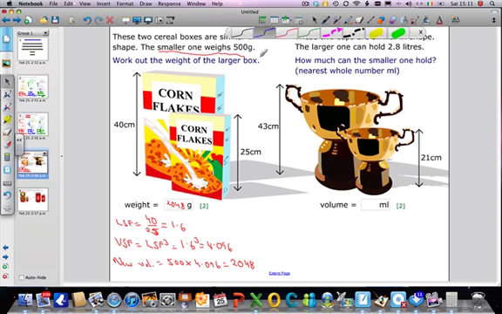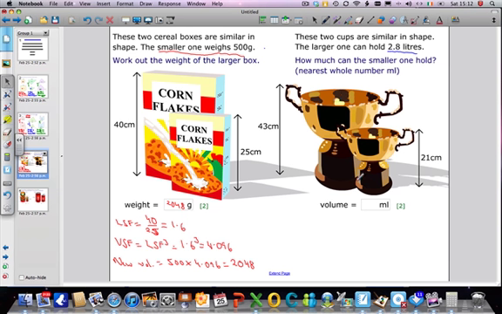So this time we're given two cups and we're told that they're similar in shape, and the larger one can hold 2.8 liters, and we're asked to work out how much the smaller one can hold. So here we were told about the small shape and asked to work out the big shape. Now we're told about the big one and we need to work out the small.